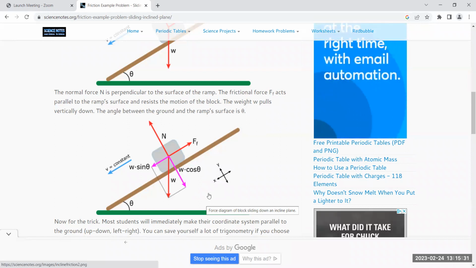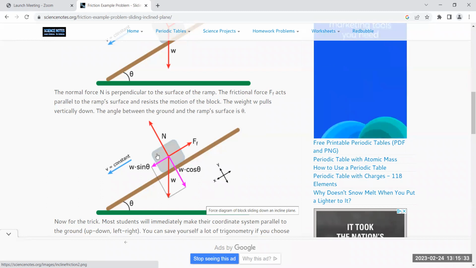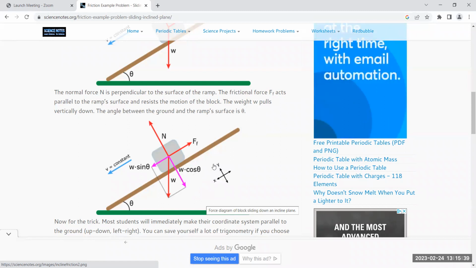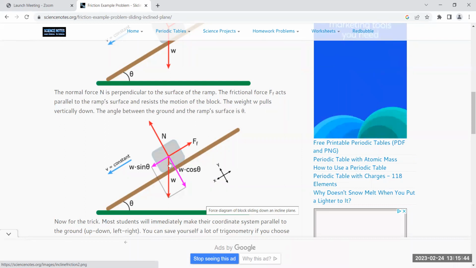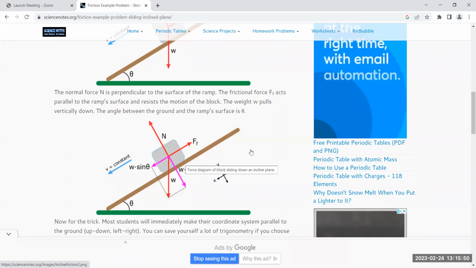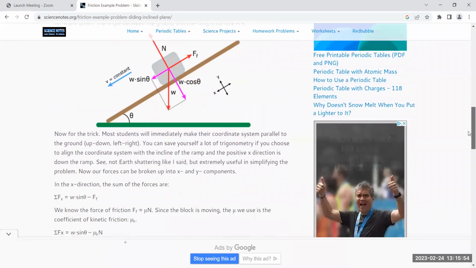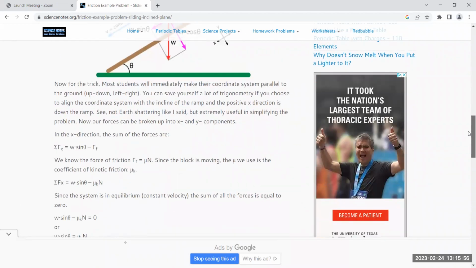Again, similar triangle problem, and we find out that's the sine piece. So what do we have? We have now established our forces in purely the x and y direction, instead of these kind of angled things.